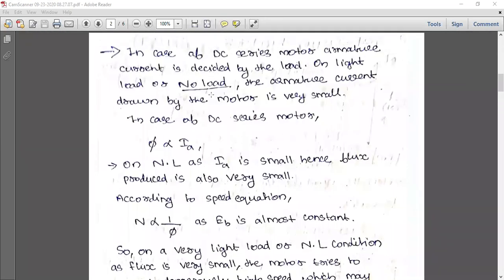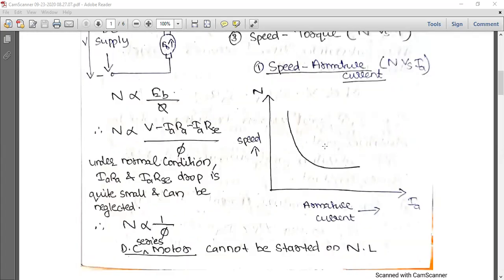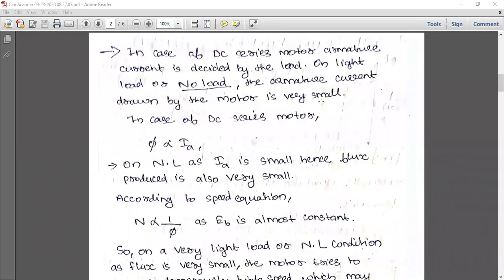In case of a DC series motor, the armature current is decided by the load. You know why. On light load or no load, the armature current drawn by the motor is very small. In a DC series motor, phi is proportional to IA.